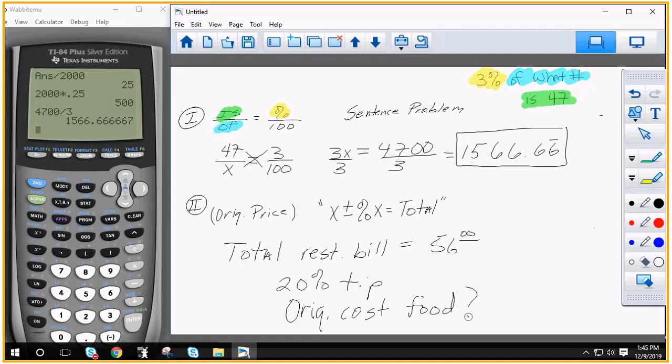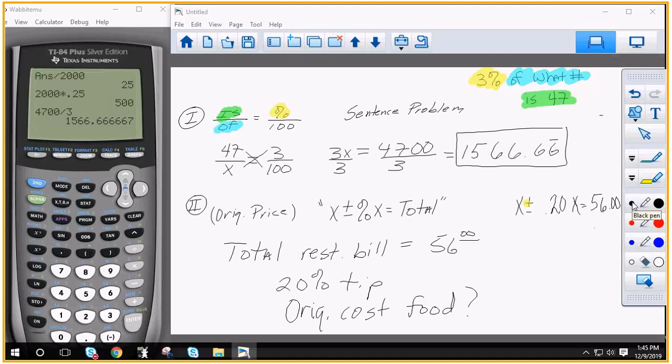Well, plug and chug. X plus or minus 0.20x is equal to $56. Now, I'm going to use the plus. Why am I going to use the plus? Because tips are what?